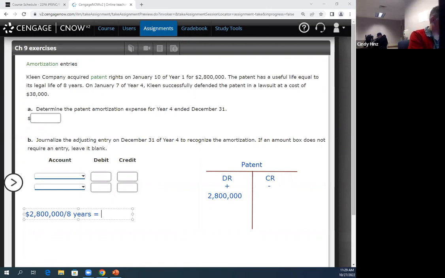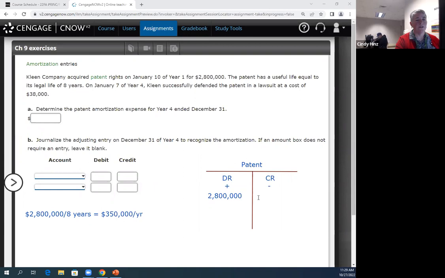Again, just like straight line depreciation. And so at the time we acquire the patent, we calculate, we're going to report $350,000 worth of amortization on the patent each year.